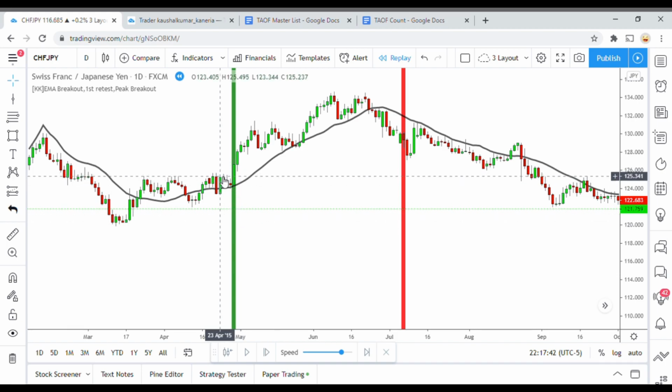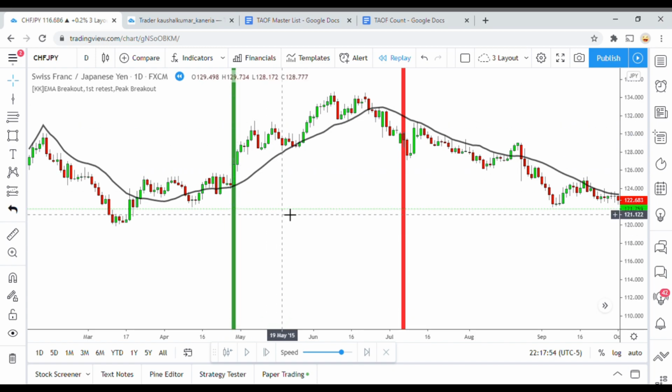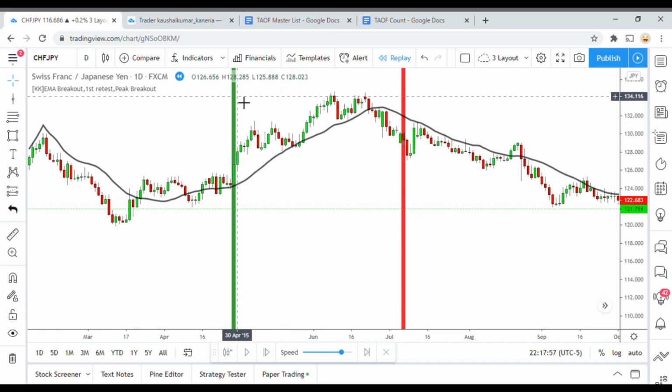And then almost immediately, price action falls back, it touches and retests the moving average. And then this candle right here that is indicated by the big green line breaks out above this candle. So price action at its highest point, once it broke out, then came back and retested, and then this big long candle breaks that highest point.